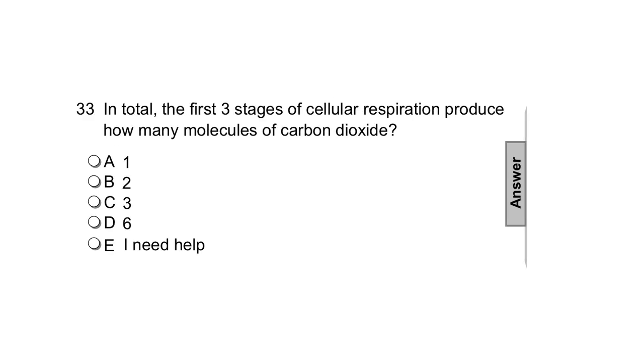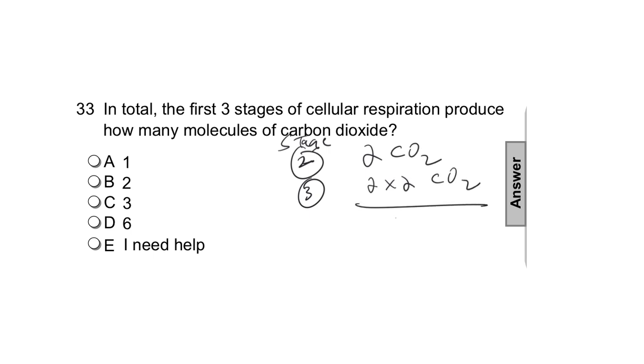Okay, so in stage 2, 2 carbon dioxides were released. And in stage 3, 2 for every turn of the cycle, but the cycle has to go around twice. So that'd be a total of 6 carbon dioxides released from 1 glucose molecule.